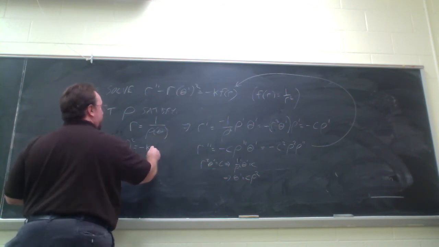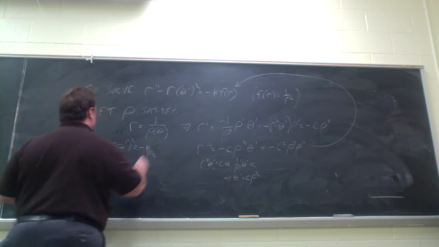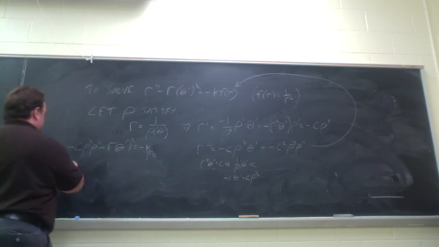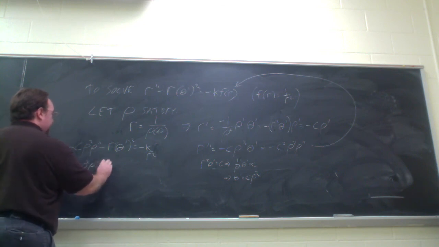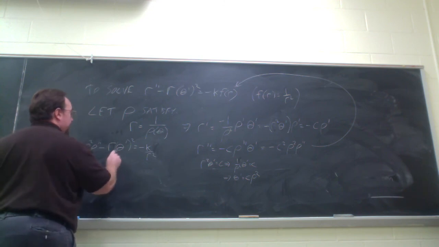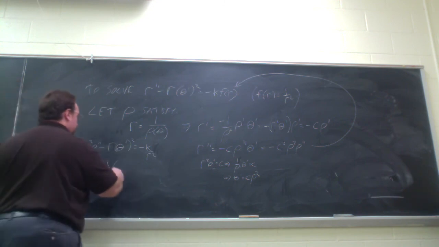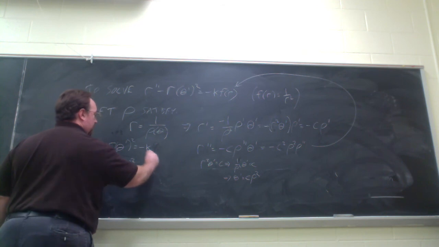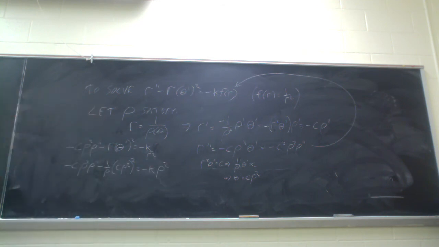Now, f of r is 1 over r squared. So far I have everything written that way, but I want to get rid of all the r's and replace them with rho's. So r is 1 over rho, theta prime is c rho squared, and 1 over r squared is rho squared. So now I've gotten rid of r completely, but now I need to simplify this.